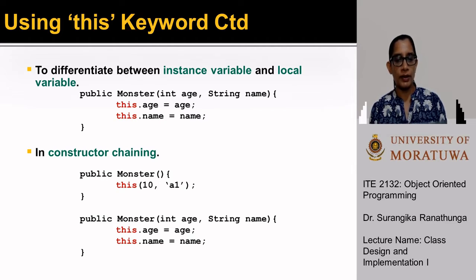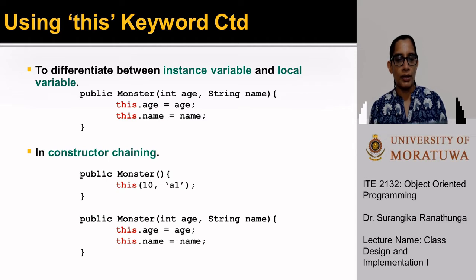In other words, here it wants to set the monster object's age to 10 and the name to A1. So how is it achieved? Now in this case, as you can see, there is a monster constructor that takes the age and name as the parameters.